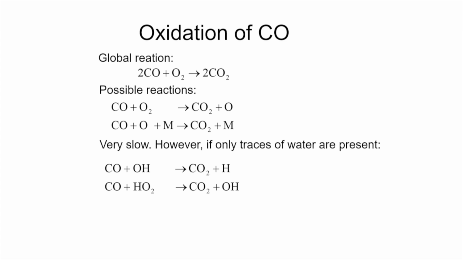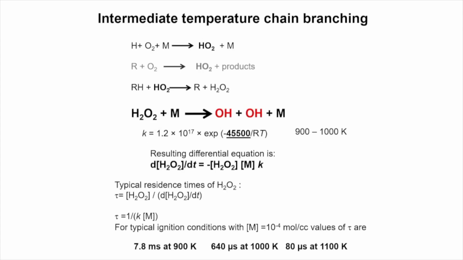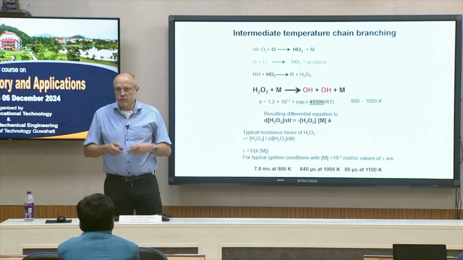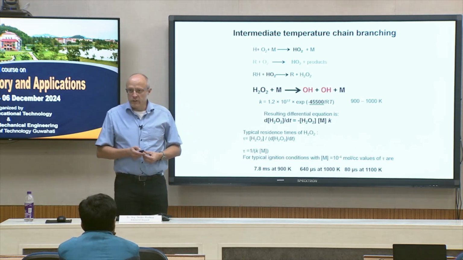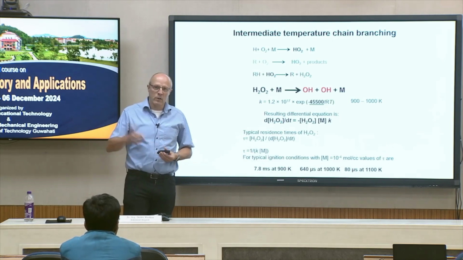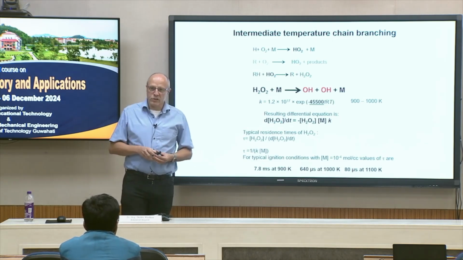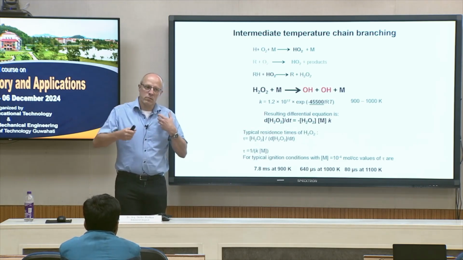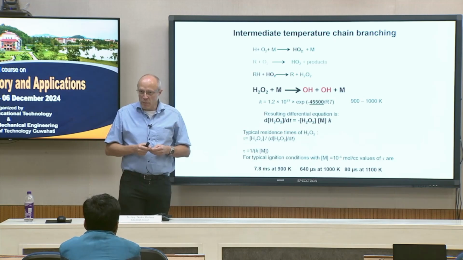Yes. What was M? M is a collision partner, mainly water, but also oxygen, nitrogen, argon can also be a collision partner. So a partner which collides with our molecule, but does not take part in the reaction, so it's not changed.